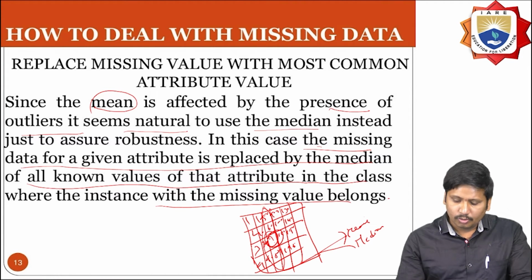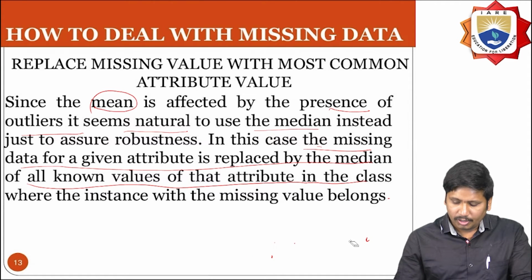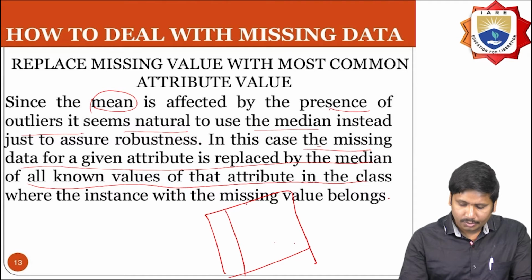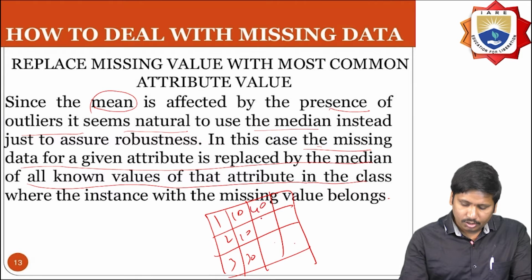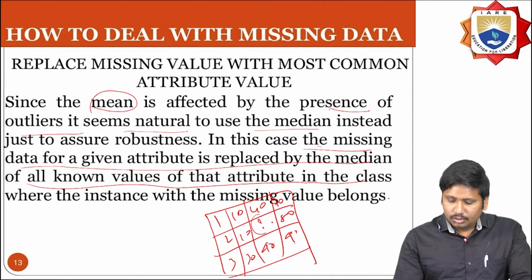For the most common value, I can explain with some other example also. So let's take a table here. Simply I'm taking 3 rows: 10, 20, 30, 40, 50, 60, 70, 80, 90. Right? So here the data is going to be missing, right?